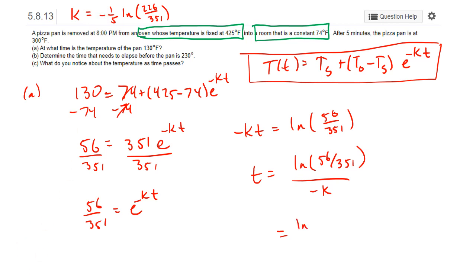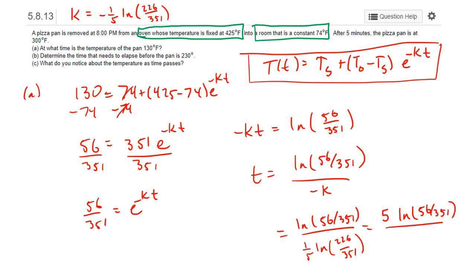So I end up with the natural log of 56 over 351 over 1/5 the natural log of 226 over 351. Dividing 1/5 down in the denominator, I'm just going to bring up to the numerator as a 5 times the natural log of 56 over 351 over the natural log of 226 over 351.